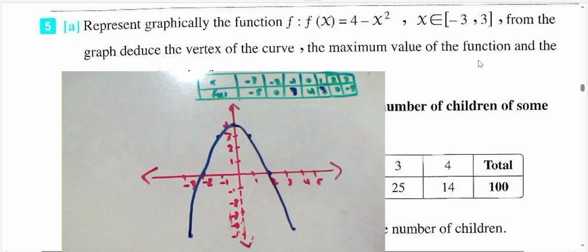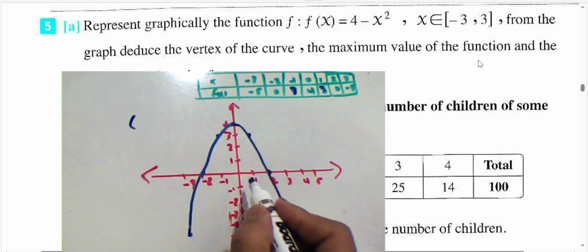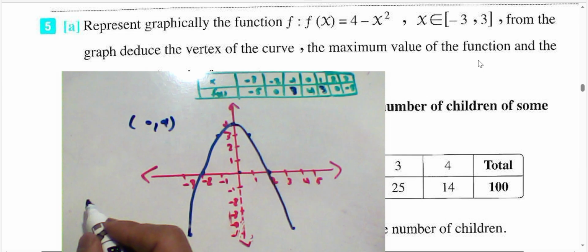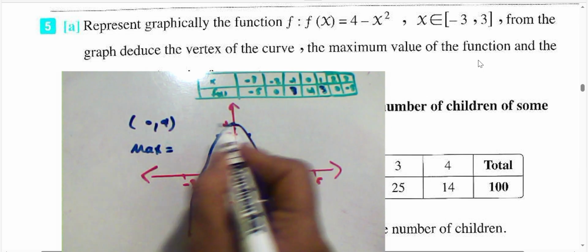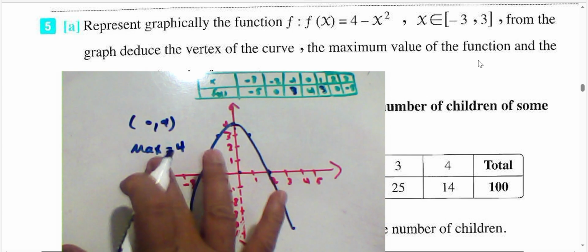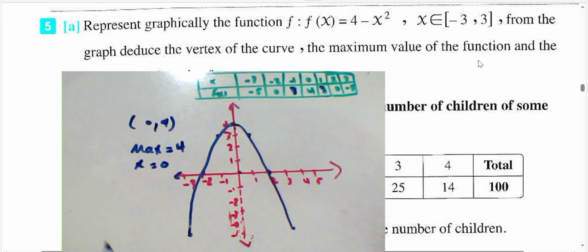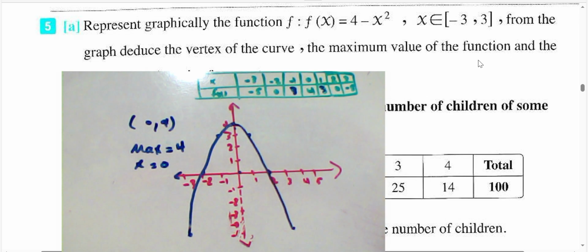Okay, then we can find the maximum. The vertex is (0, 4), and the maximum value equals 4. It's the maximum value, and the axis of symmetry is x equals 0. This line divides the curve into equal parts.